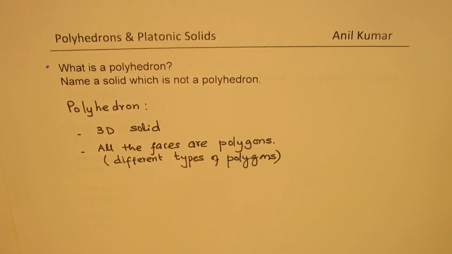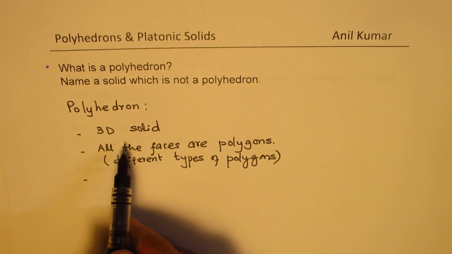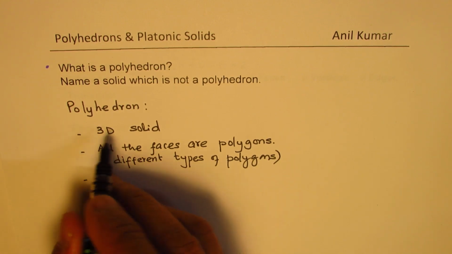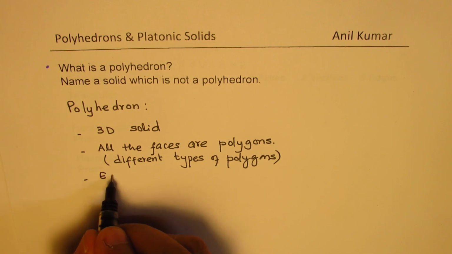That is very important, right? Now, the important thing here is that these faces intersect in a line which is called an edge, right? So in a polyhedron, we have edges.